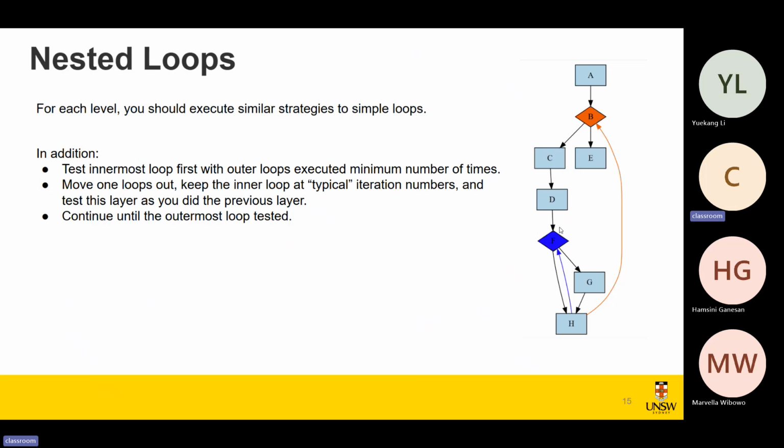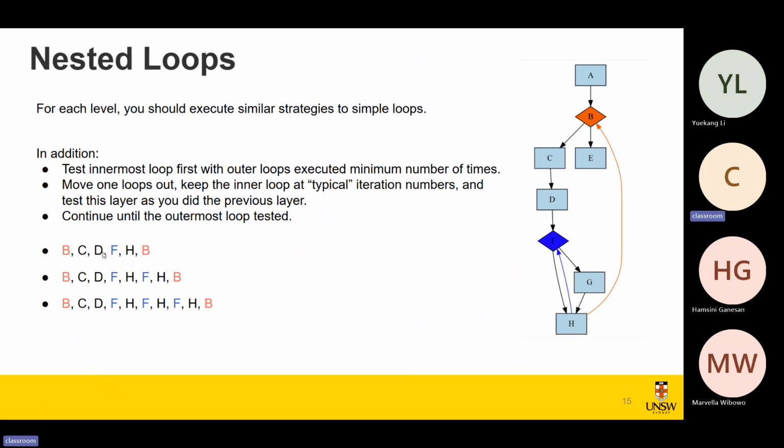So in this example here, we can focus on executing the loop at F first. We can execute it once, because here we don't have the choice of skipping this loop. So we execute it once, we execute the loop twice, we can execute the loop 3 times, and so on, using the boundary values to design the test cases.